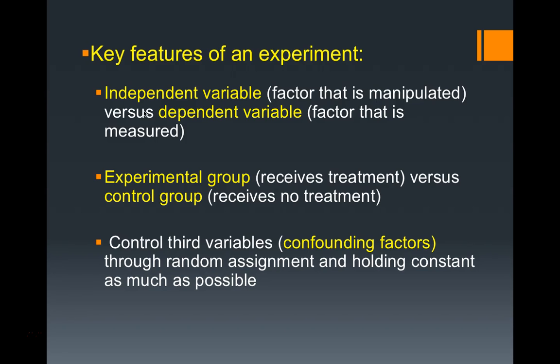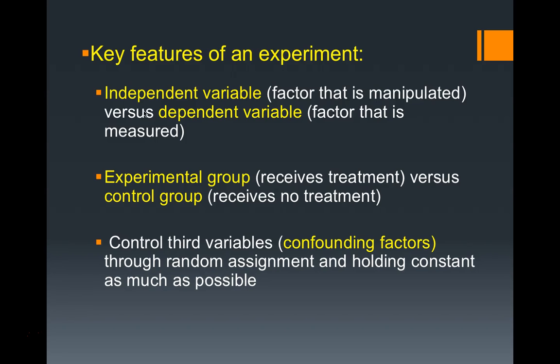Key features of an experiment. Well, we have the independent variable. That's the factor that is manipulated, that we're presuming is the causative one. And then there's the dependent variable. That's the factor that is measured, the variable that we're measuring, the effect. Notice that the term independent, you can remember this, is independent of anything that the subject, the participant in the study, the guinea pig in the study, if you will, does. It's manipulated.